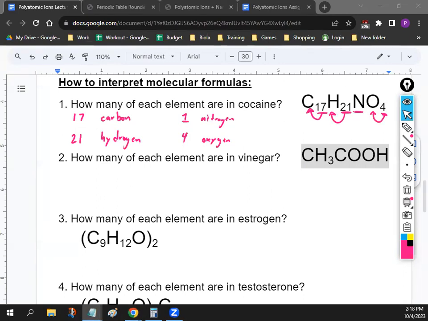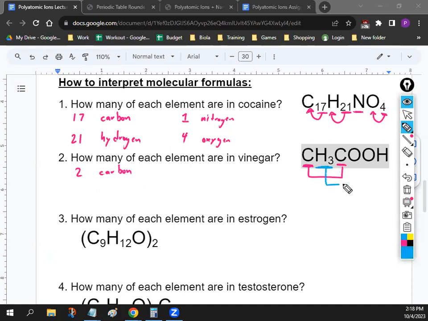If you take a look at the formula for vinegar, you should see there's a carbon here, and it's separated, but there's another carbon here. So you're going to have a total of 2 carbons. Sometimes you'll see formulas where things are split up, but all you've got to do is add them together. Take a look at hydrogen.